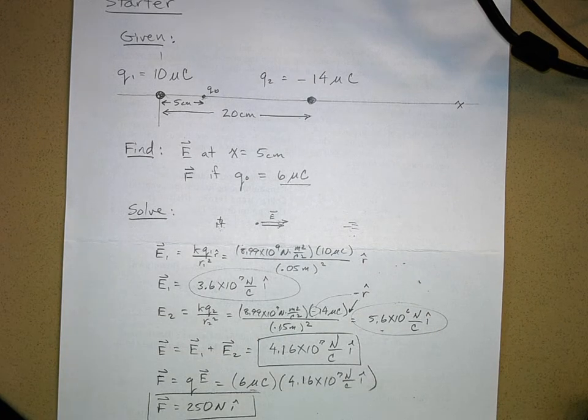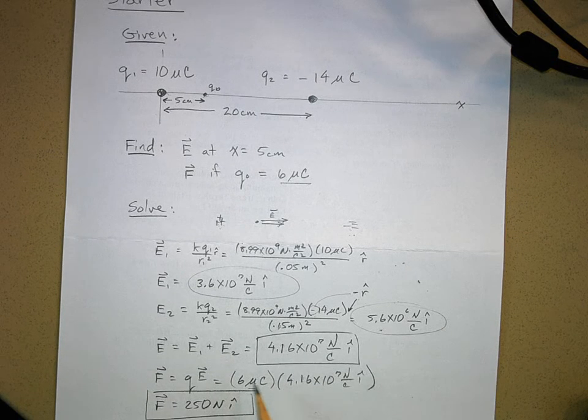Yes? But what happens to the microcoulombs? Oh, they got multiplied in. This is times 10 to the negative 6 with 10 to the 7, that's 10. So 6 times 4 times 10 is 250. But in the first part for the electric field. Up here?